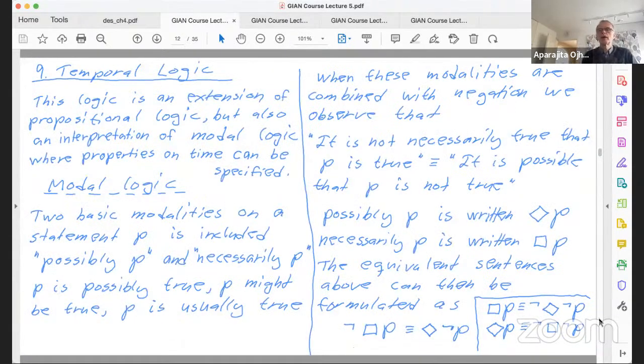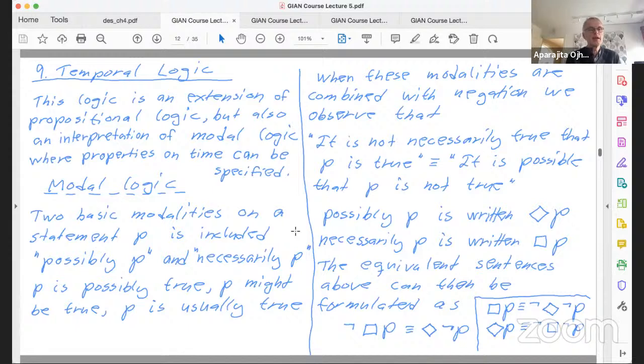So by this, I would like to go on with temporal logic. And temporal logic is of course a logic that describes the behavior of a system where, compared with propositional and predicate logic, we also introduce some temporal properties.